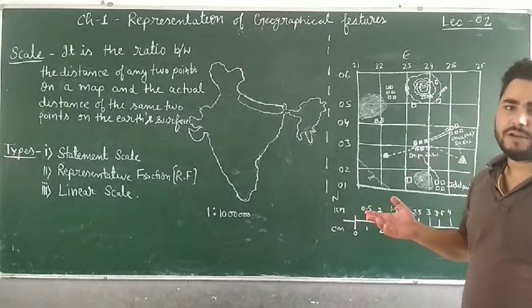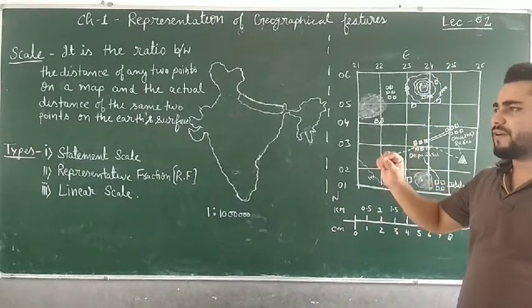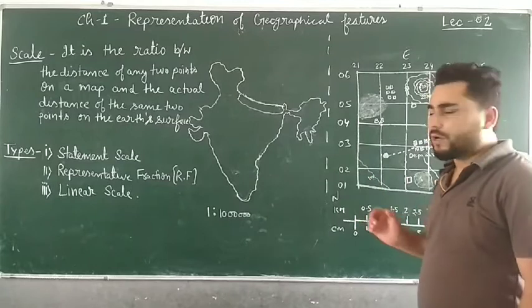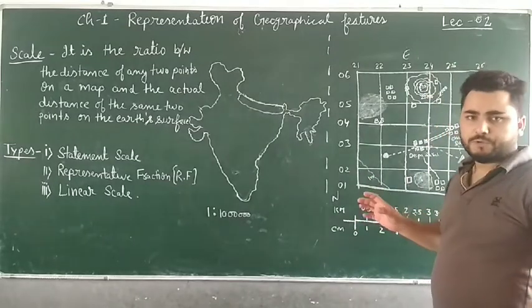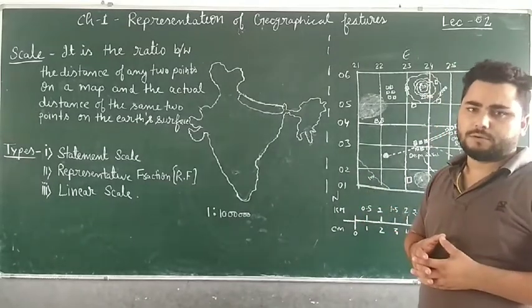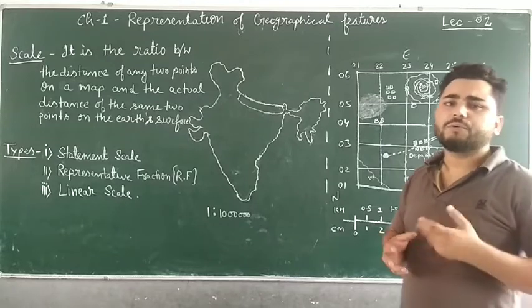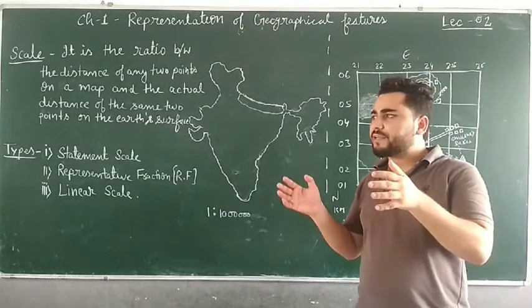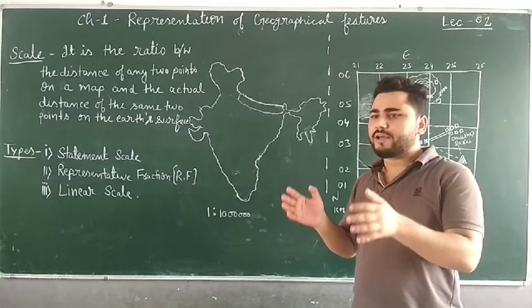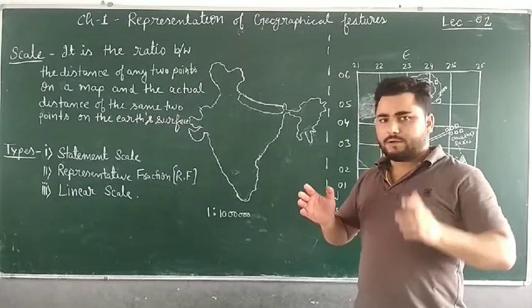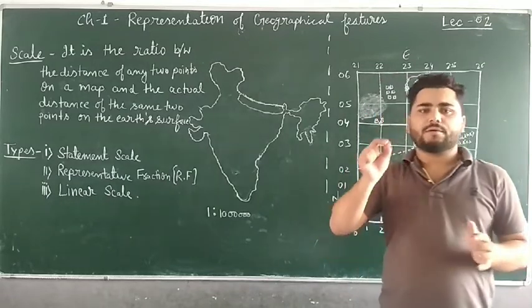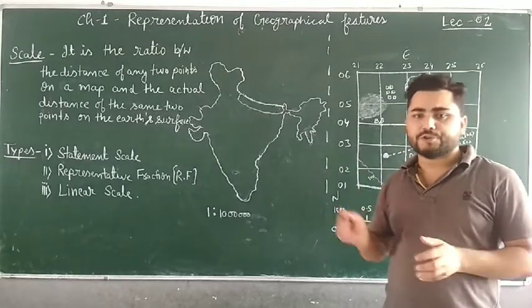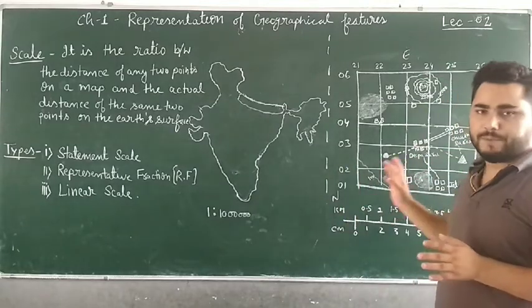So will you be able to draw that 2,500 square kilometer area on paper? How will you do that? You will do that by reducing the actual area of Sambhal in proper ratio and proportion on paper.